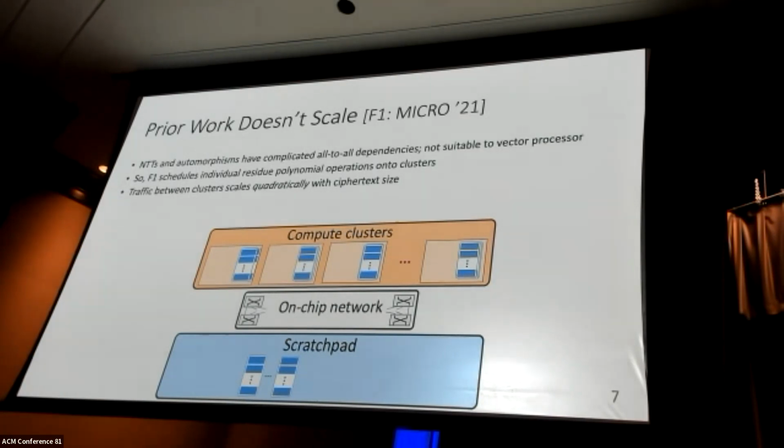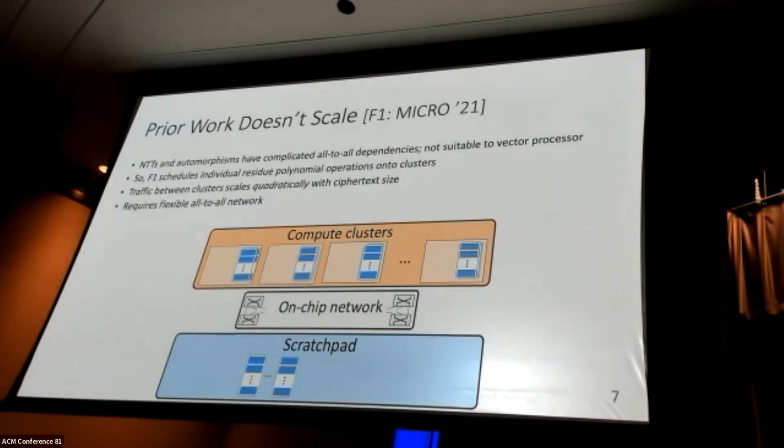Since dependencies grow quadratically, network traffic does too. Now remember, to support deep FHE programs, we need to be able to support large ciphertexts effectively. But this quadratic scaling makes F1's architecture particularly poorly suited for large ciphertexts, right?